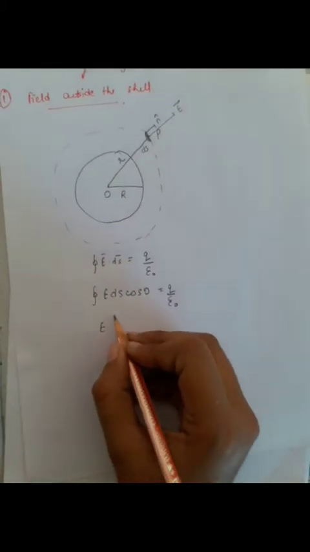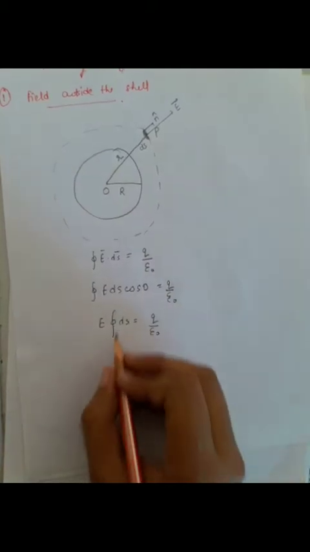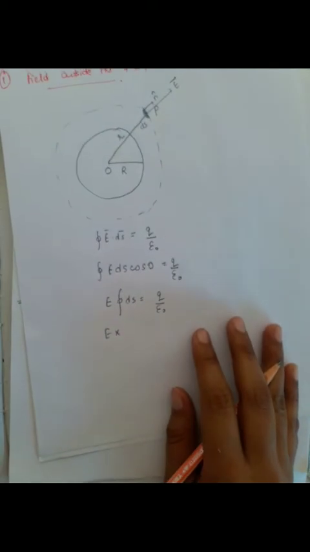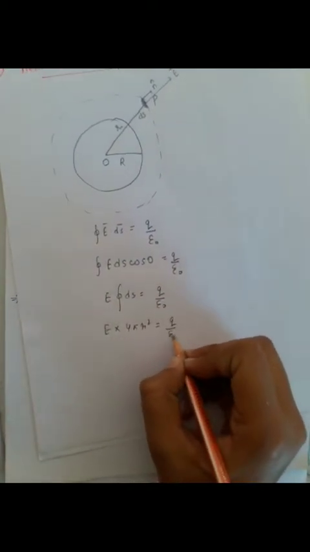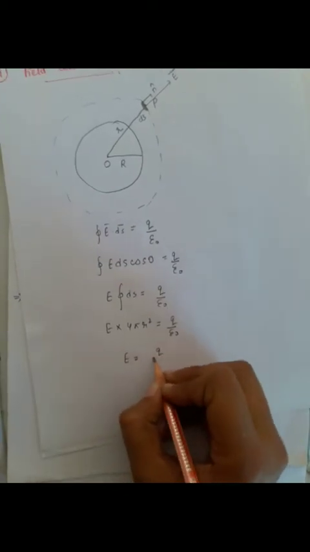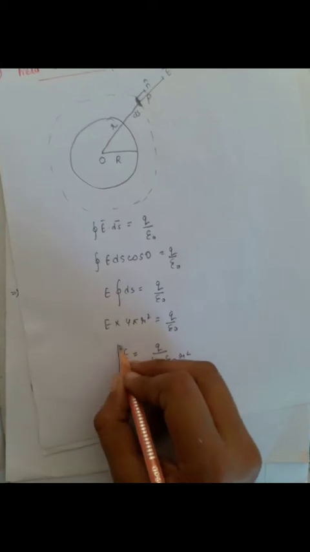Now E will come outside, and the integration of ds is equal to Q upon epsilon naught. The ds is the area of this sphere, and the value for that will be 4 pi r square. Now E will be equal to Q upon 4 pi epsilon naught r square. This is the electric field outside the shell.